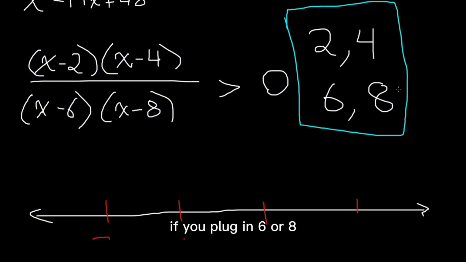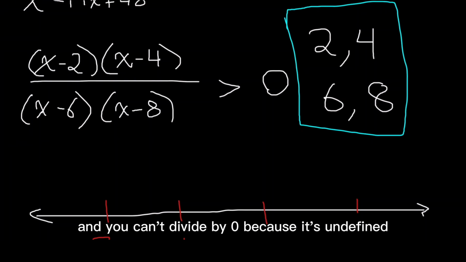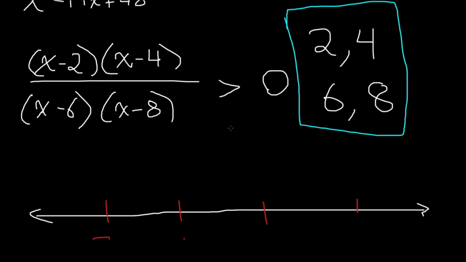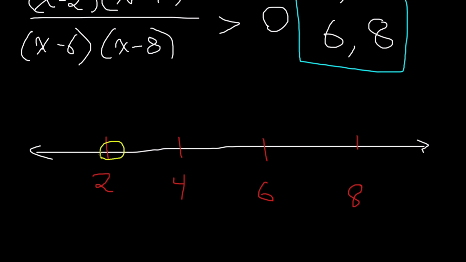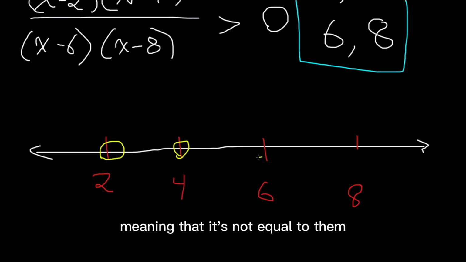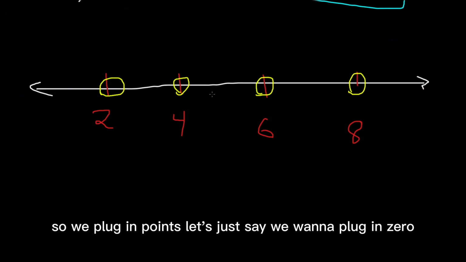If you plug in 6 or 8, the bottom half of this expression will become 0, and you can't divide by 0 because it's undefined. So that's why these will be open circles, meaning that x cannot be equal to them.